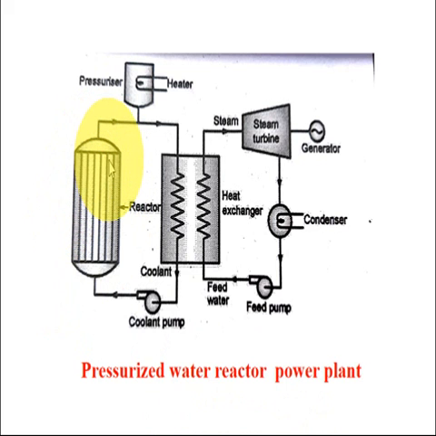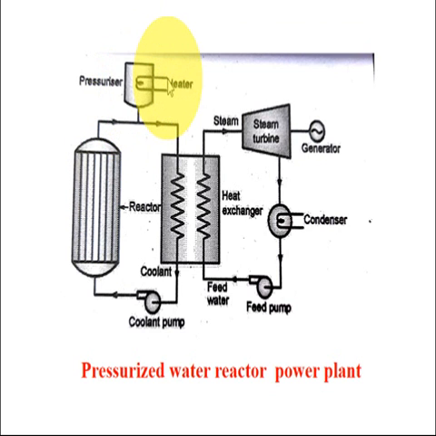The fuel used in this reactor is enriched uranium, and coolant and moderator is heavy water, that is D2O, and this reactor works at a pressure of 130 to 150 bar, and a pressurizer is provided in this reactor.